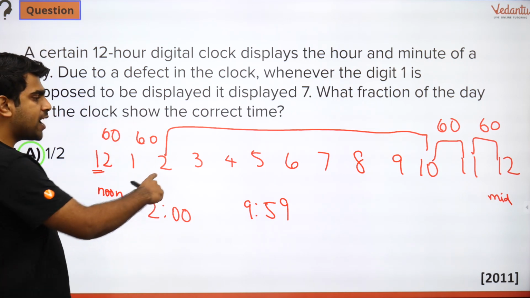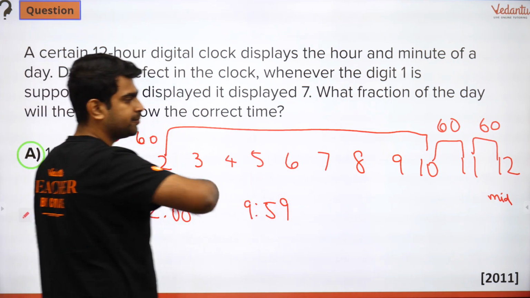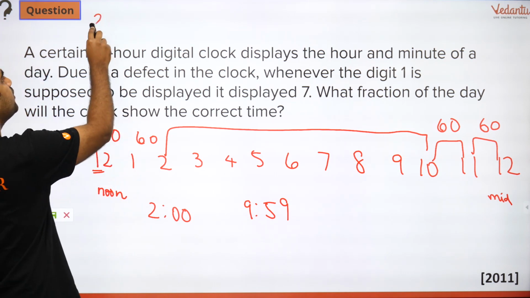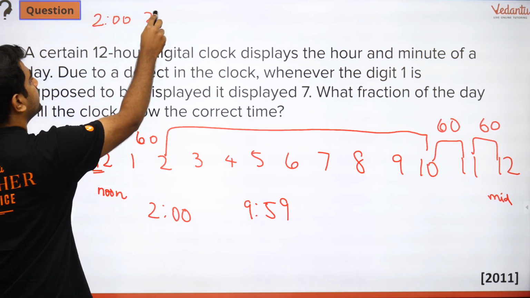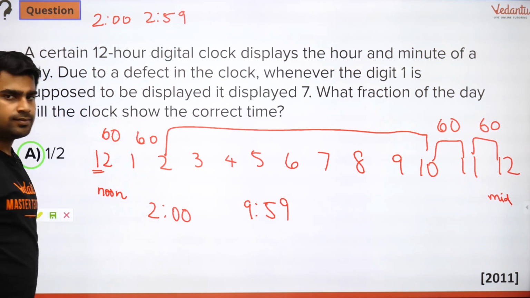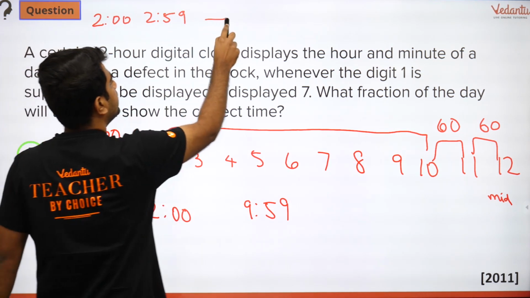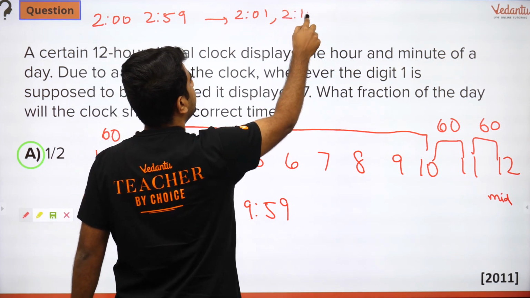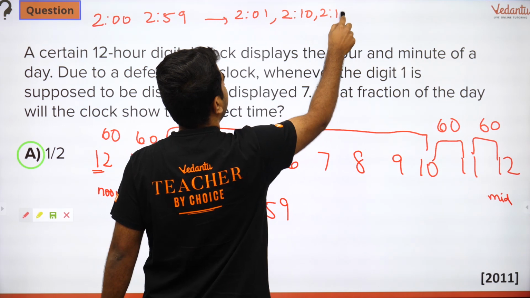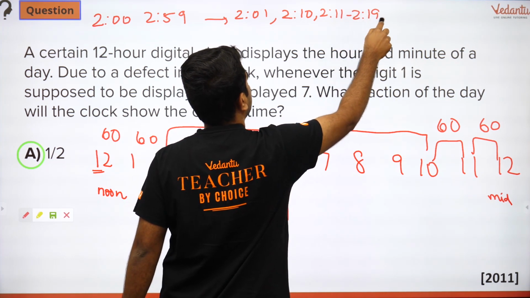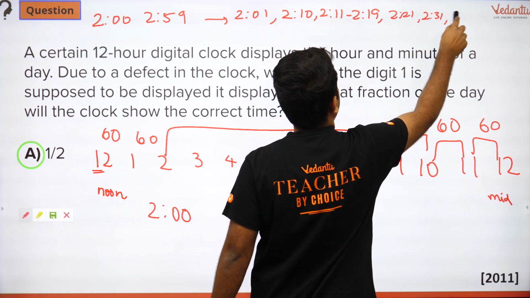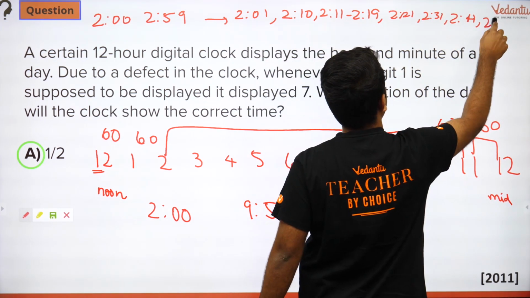Now let's watch what happens in between. I'll take a very small example. Let me take from 2 o'clock to 2:59. How many times is it wrong? First, it will be wrong at 2:01. Then 2:10. Then 2:11 to 2:19, all are wrong. Then 2:21, then 2:31, then 2:41, then 2:51.